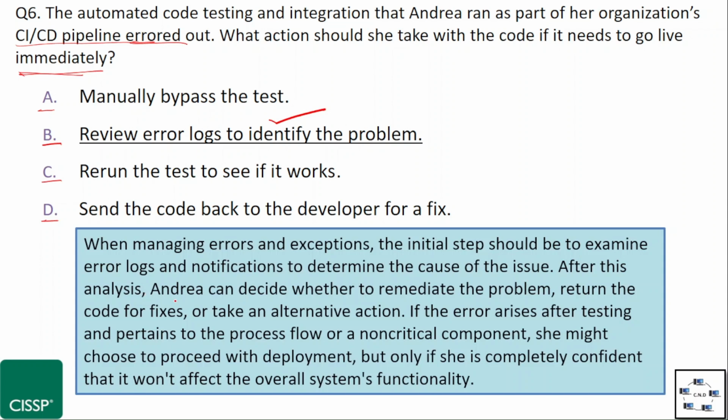After this analysis, Andrea can decide whether to remediate the problem, return the code for fixes, or take an alternative action. If the error arises after testing and pertains to the process flow or a non-critical component, she might choose to proceed with deployment, but only if she is completely confident that it won't affect the overall system's functionality.